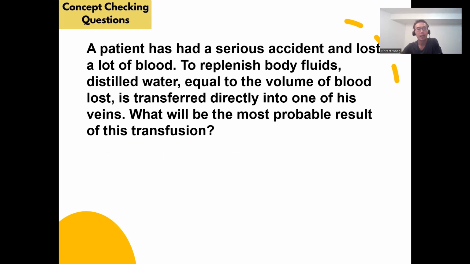All right, this one. I'll read it to you. Let me know what you think. A patient has had a serious accident and lost a lot of blood. To replenish body fluids, distilled water, which you can think of as pure water, equal to the volume of blood lost, is transferred directly into one of his veins.